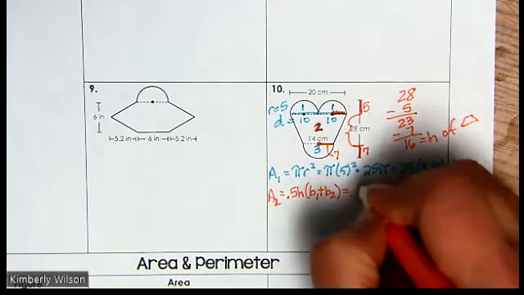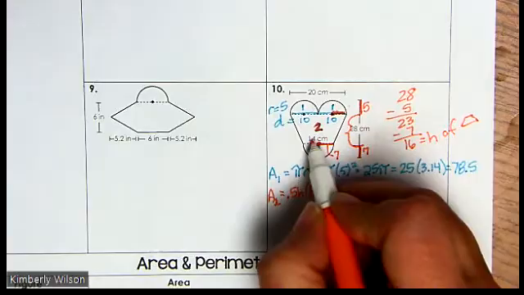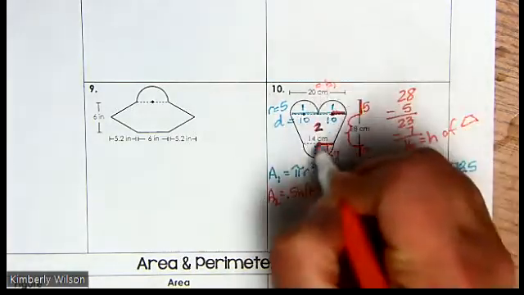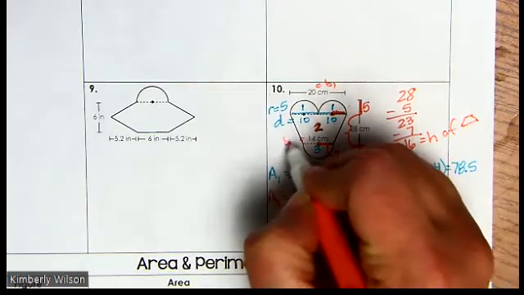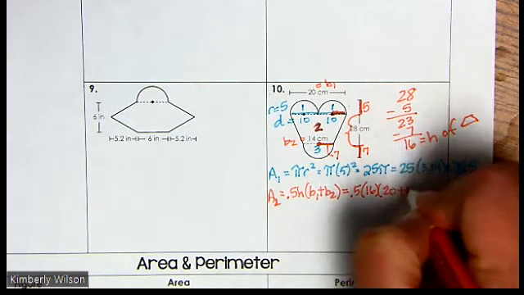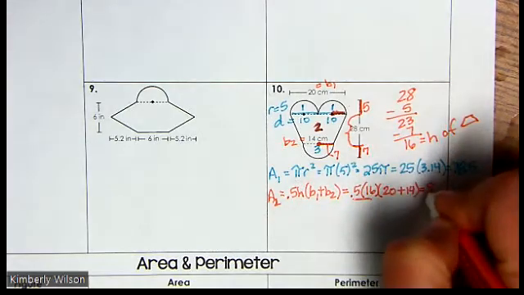Okay, so we have 0.5 times 16, and then the 14, and all the way across. So this would be B1. This is B2. So we have 20 plus 14. So half of 16 is 8.